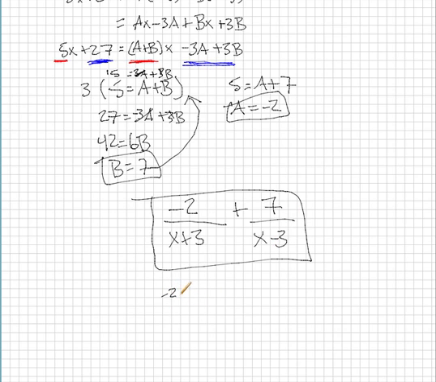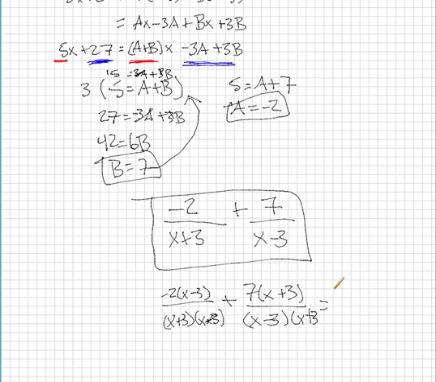So negative 2 times x minus 3 over x plus 3 times x minus 3, then plus 7 times x plus 3 over x minus 3 times x plus 3.